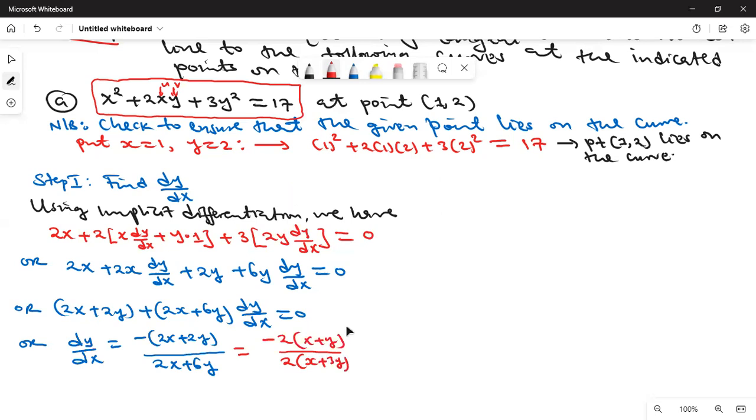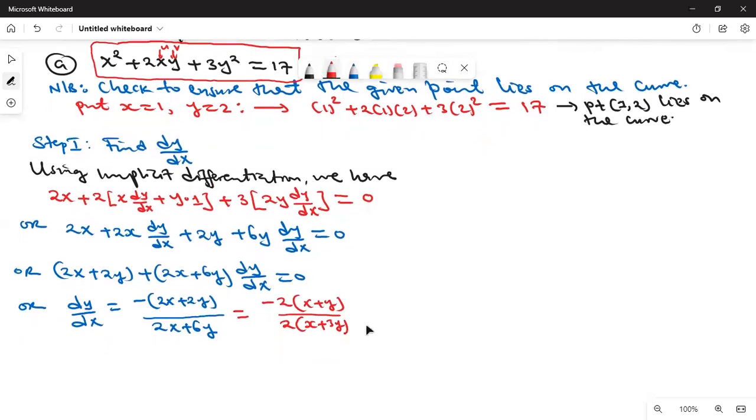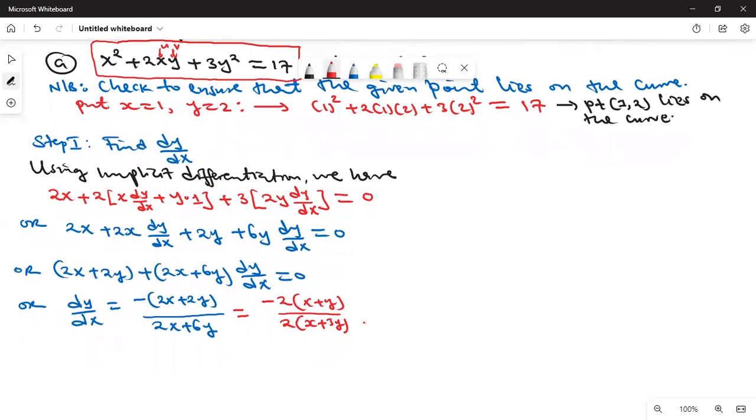And so the 2 will cancel in the numerator and denominator to give us, therefore, dy/dx is equal to negative of (x plus y) over (x plus 3y). So that is our dy/dx. So that's the first step. The next step, you find the slope of tangent and normal lines.